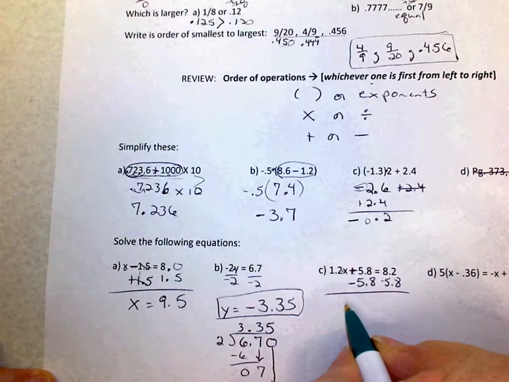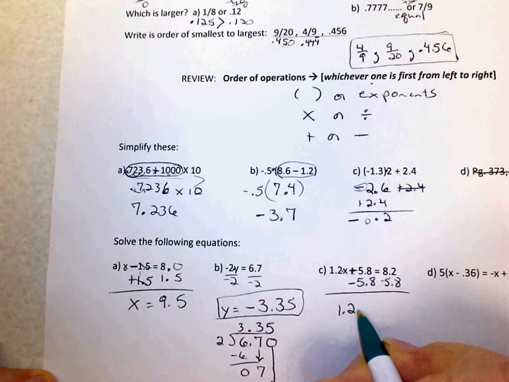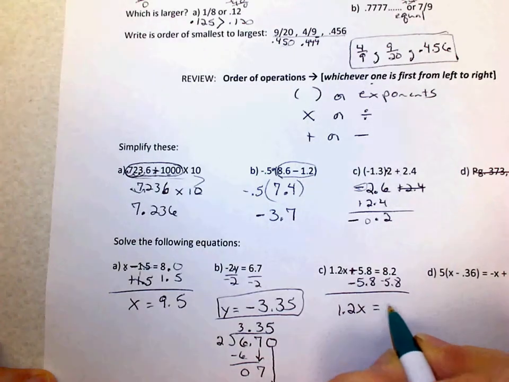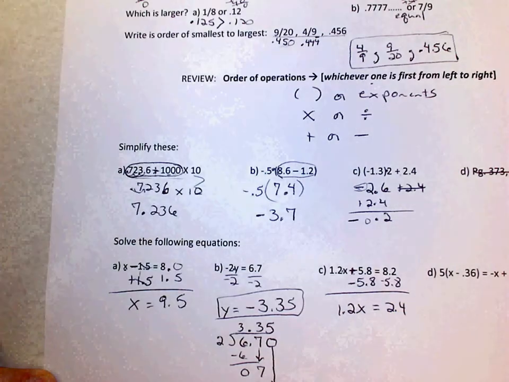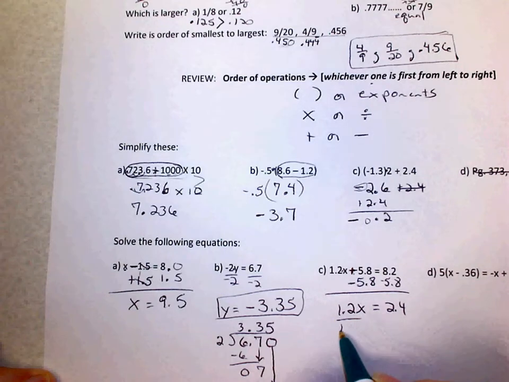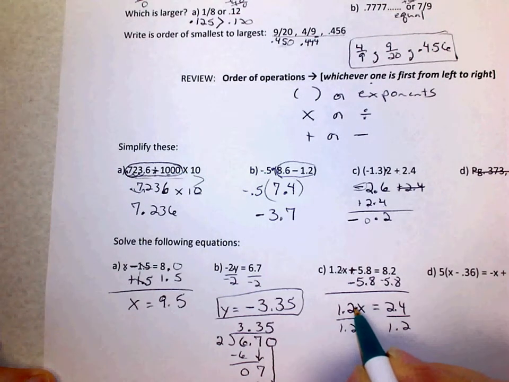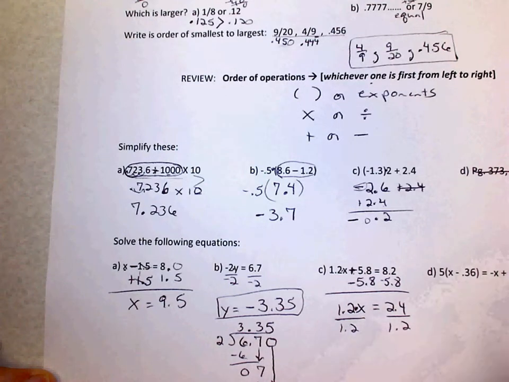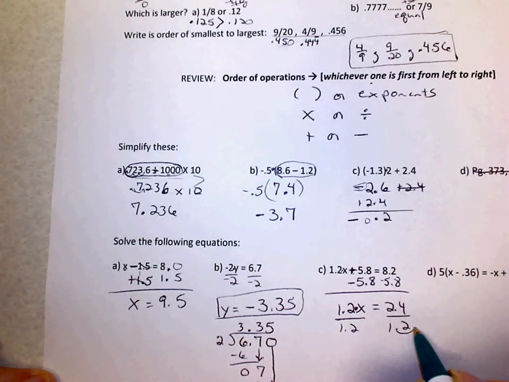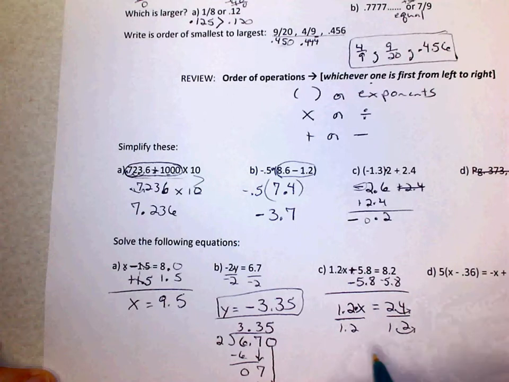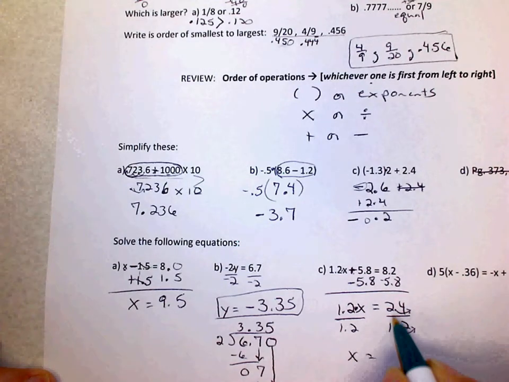So it gives us 1.2x is equal to 2.4. And then we divide by 1.2, because the opposite of timesing is to divide. And move this decimal, move this decimal. Aha! 24 divided by 12 is 2.